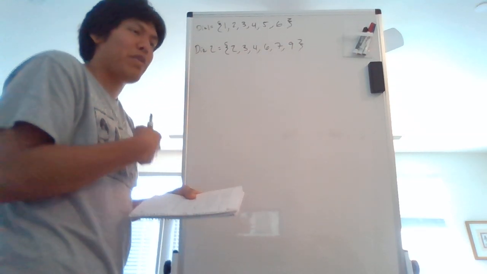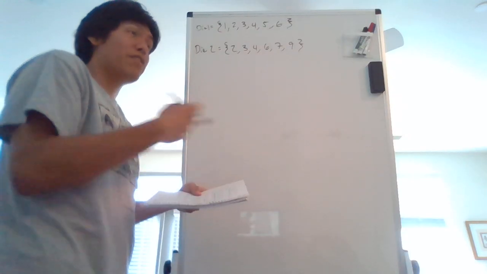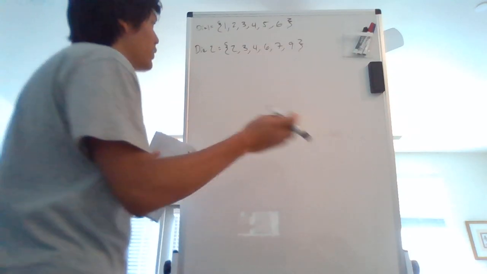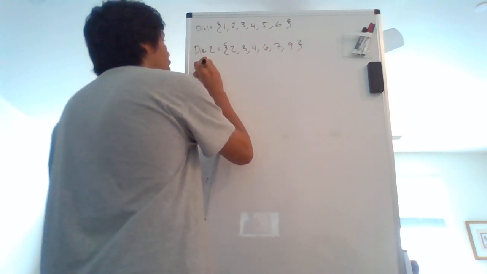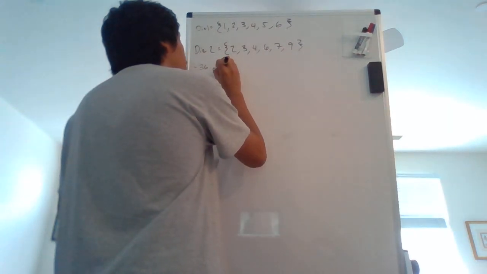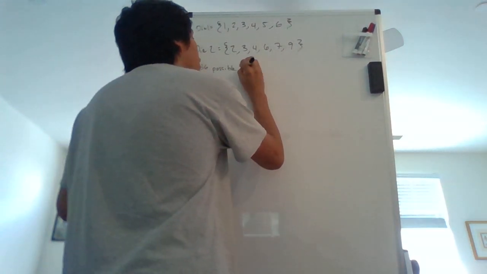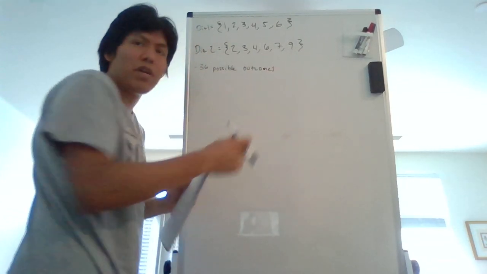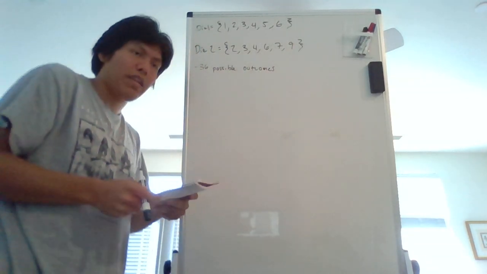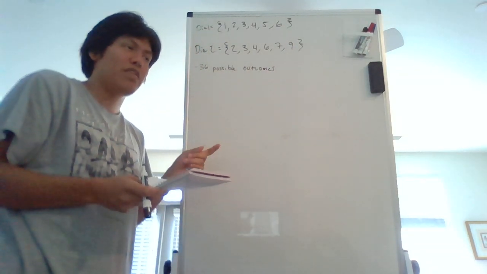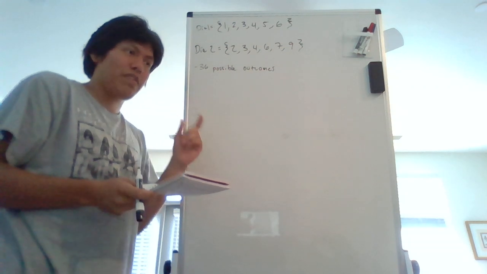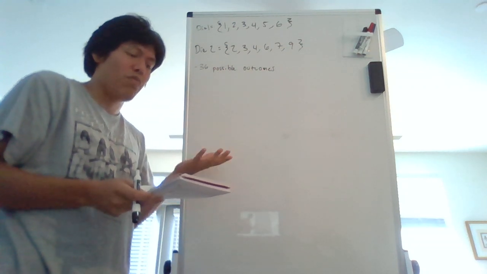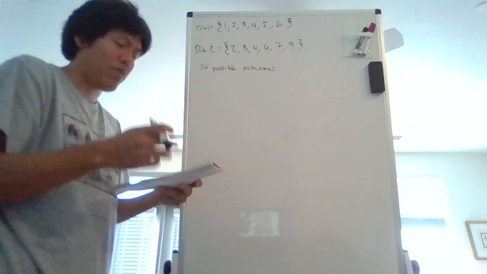There are 36 possible combinations of tosses, so I'll write that down. There's 36 possible outcomes. Now, of those 36, how many of those outcomes have 10 or more dots when you count them up on the dice?